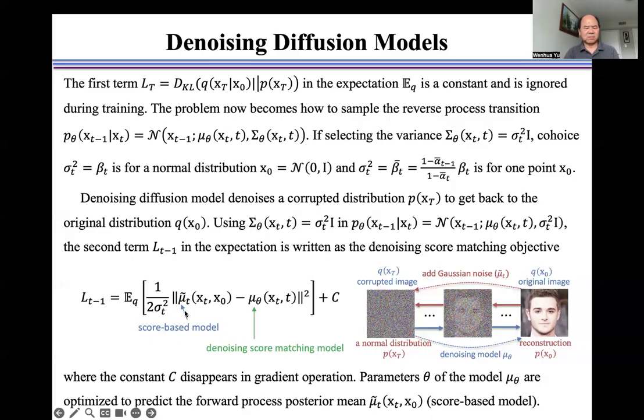This is the score-based model and this is the denoising score matching model, where the constant c disappears in gradient operation. Parameters theta of the model mu theta are optimized to predict the forward process posterior mean mu t tilde.